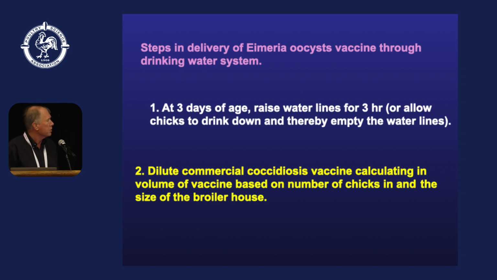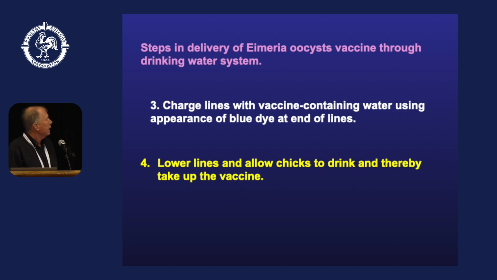You dilute the commercial vaccine, calculating the volume of the vaccine you need based on the number of chicks in the house and the size of the broiler house. You charge the line with vaccine-containing water, and it has a blue dye that we mix in. So when the blue dye gets to the end of the water lines, you turn off the valve, you lower the lines, and the chicks, because they haven't drunk for 3 hours, all run over.